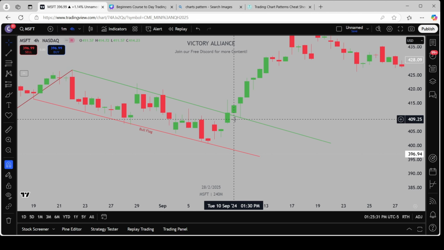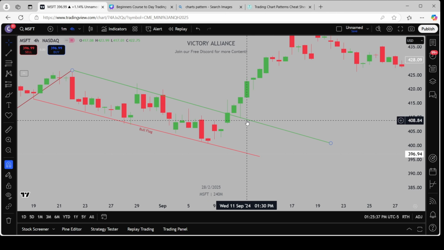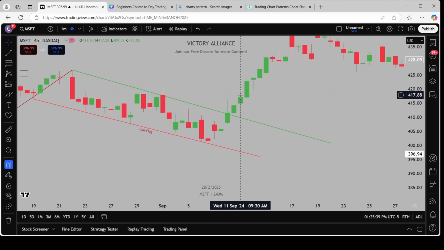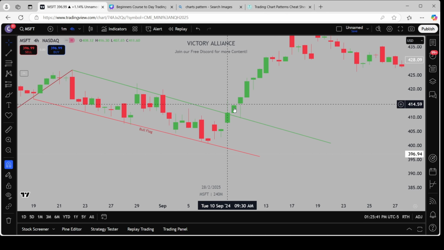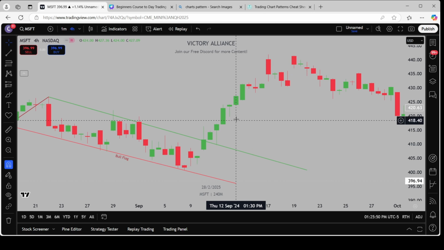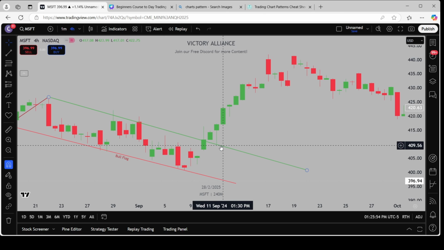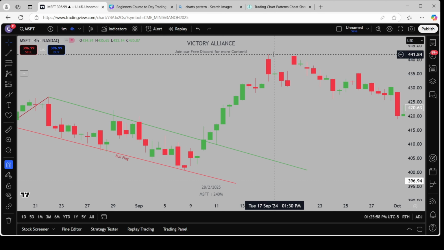All right, so I wouldn't get in on this trade at this candle, but I will wait for confirmation at this candle. See how it came down, touched this line, and then bounced back up. So that would be a perfect entry right here. You can get in right here, but this would be a perfect entry. And as you see, Microsoft went right up from 409 all the way up to 441.